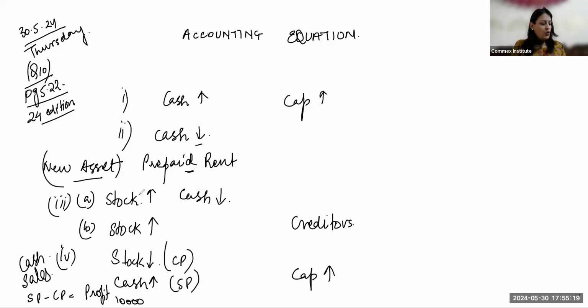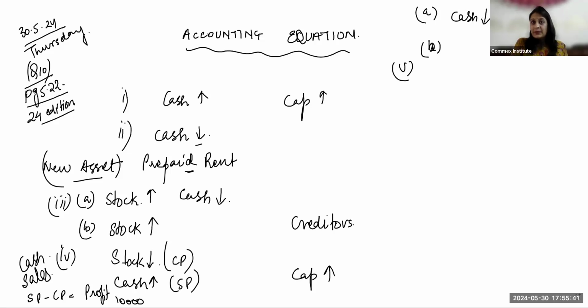Okay. Then moving on to the fifth transaction. Fifth transaction says paid salary 500 and salary outstanding. So again, two transactions we have in fifth, A and B. So A transaction is salary paid 500. So cash will decrease because we have paid the salary. And also my capital will decrease because it is a revenue expenditure, which we'll have to deduct from the capital only.